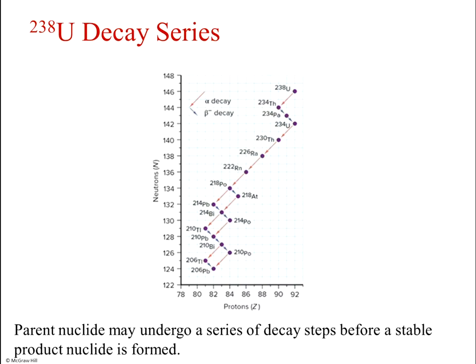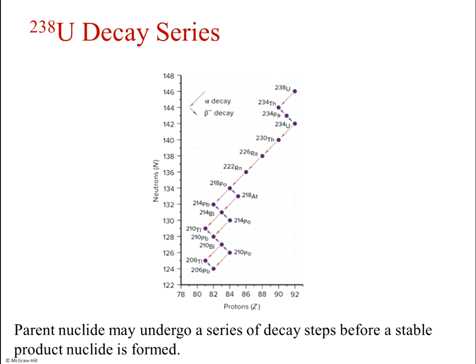Now, for very heavy elements, of course, loss of one particle, one radioactive emission, may not be sufficient to get it to a stable nucleus or to a stable nuclide. So here we can look at, for example, uranium-238. Uranium-238 here goes through 13 different intermediate stages before it eventually reaches lead-206 at the very bottom.